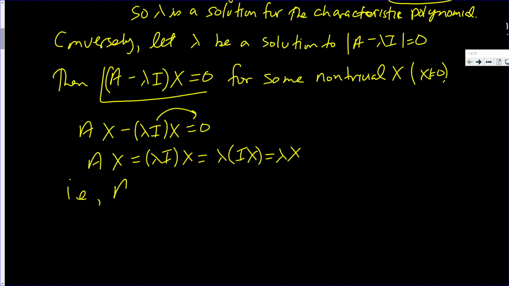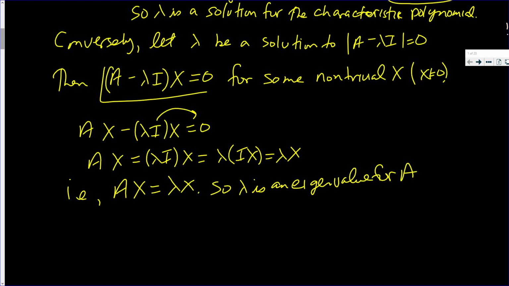That is, Ax equals lambda x. Oh, and x is not 0. So lambda is an eigenvalue for A, because A times x is equal to lambda times x. And that completes this proof.